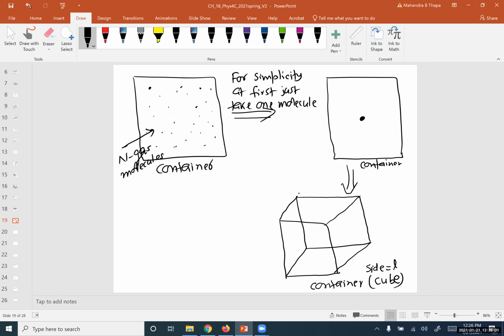You can take any shape. To make math easier, I just took a cube. So this is my x-axis, this is my y-axis, and this is my z-axis.